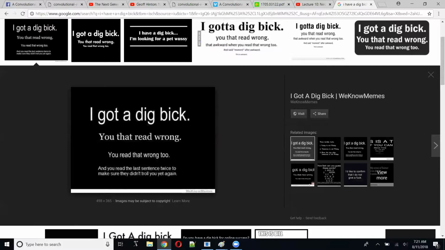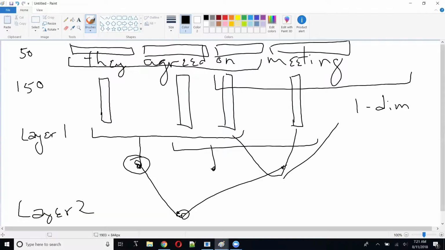The reason they do convolutions is the advantage that they can parallelize easier. If you're doing recurrent neural networks, you're feeding it the whole input sentence one word at a time: they agreed on meeting. That's a serial step, and you have to read the whole sentence before you can start translating into the target language.